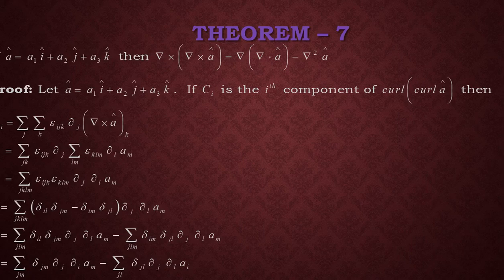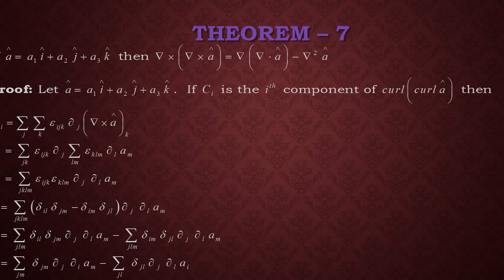Here, because the indices i, j and k are in the clockwise rotation, we can replace epsilon_ijk with epsilon_kij. Then we obtain C_i equals summation over j, k, l, m of epsilon_kij epsilon_klm ∂_j ∂_l a_m.